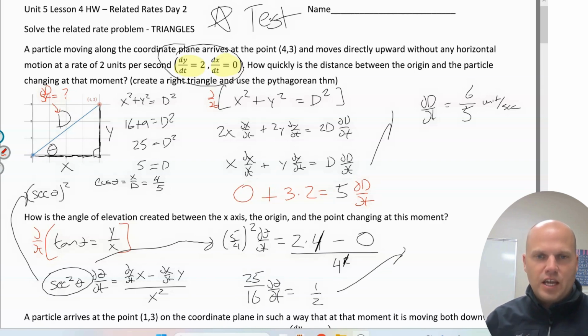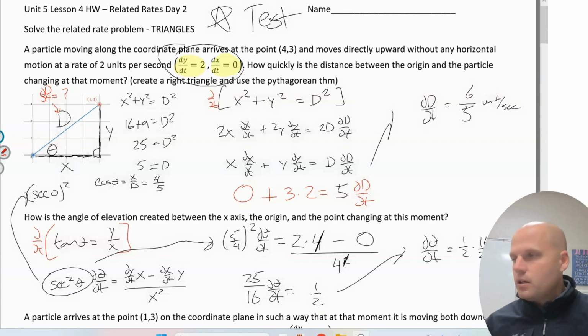Now to solve for d theta dt, I'm going to multiply by the reciprocal. It's the same as dividing by 25/16. I'm going to multiply by 16/25. So I have 1/2 times 16/25, and I get 8/25.